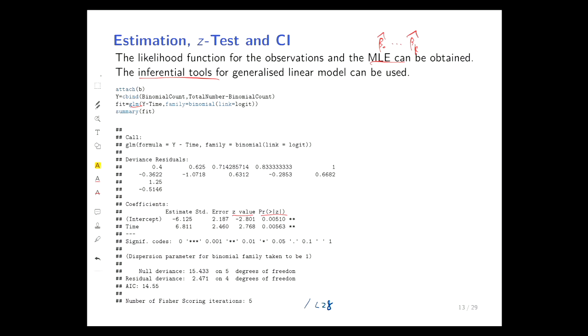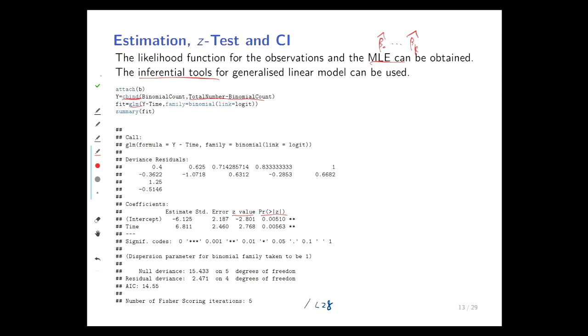And by implementing the binomial logistic regression model in real data, firstly we need to consider how to input the data in the GLM function. In this specific case, what you need to do is firstly use the cbind function to combine the column of the binomial count and the total number minus the binomial count.